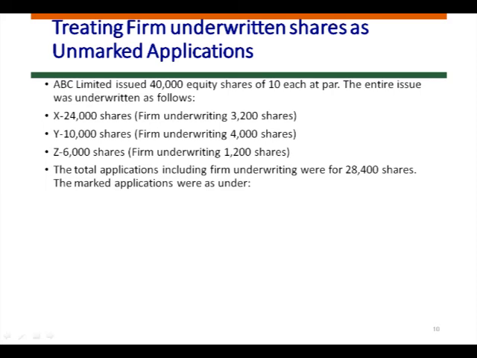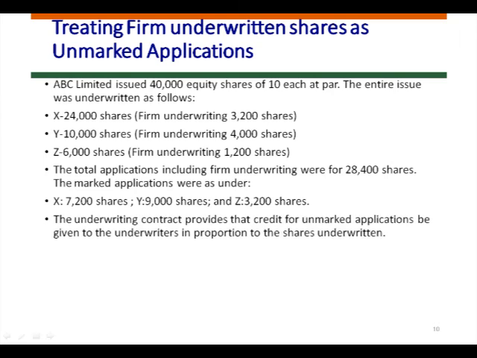So it means that 40,000 shares were issued, and out of the 40,000 equity shares only 28,400 shares were subscribed by the public directly as well as through the underwriters. Individually their marked applications are X 7,200 shares, Y 9,000 shares, Z 3,200 shares.